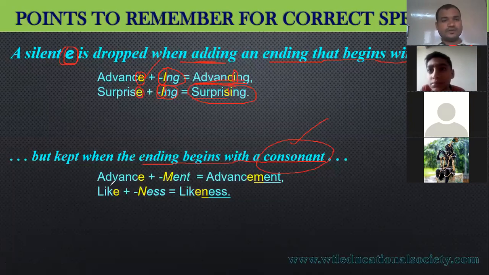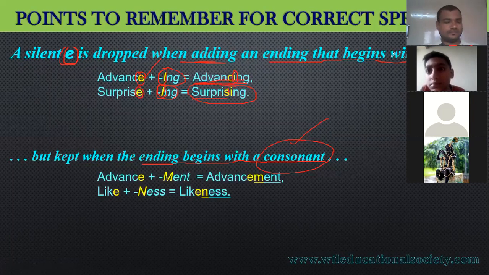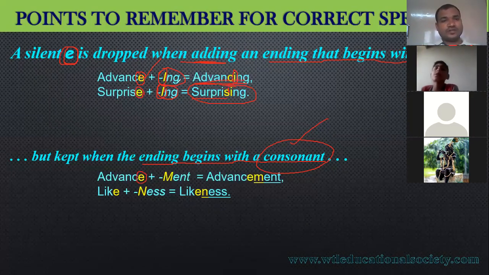Just check out the examples. Same example here, advance. The letter E is there, same as in the first example, but the ending is different. There we started with letter I, a vowel.